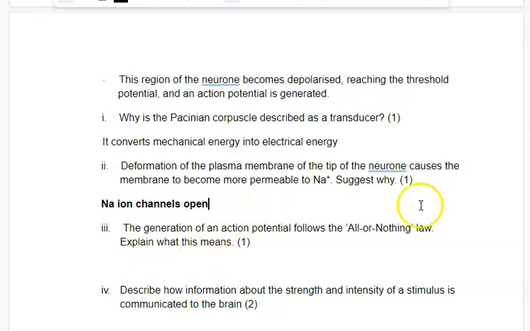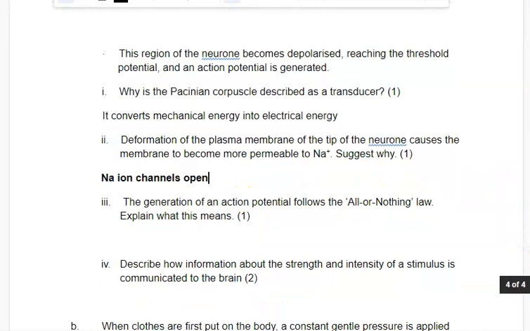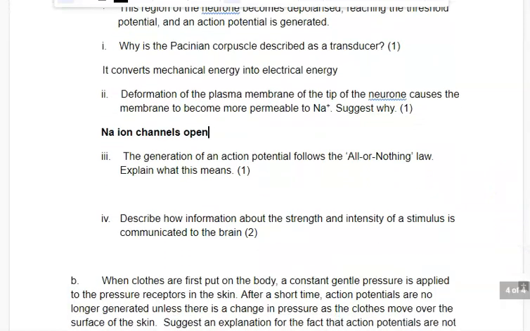I could say that also because the membrane is being squashed, perhaps I'm going to get some spaces or some gaps in my phospholipid bilayer, and that might let some in, but we know that the channels will open when they become deformed.